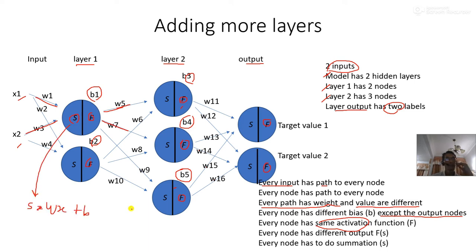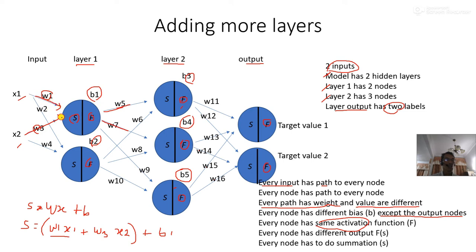So s equals w1 x1 plus w3 x2, then plus b1. Remember this: w1 x1 plus w3 x2, this and this.